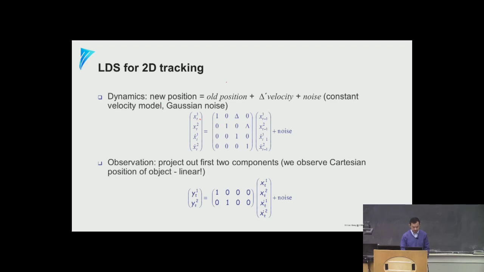We have an object moving in the 2-dimensional space with a position vector x, position coordinates x1, x2 at time t. And then they move with a velocity, x1 dot and x2 dot. So these are basically what I call a state, a true state of my environment.